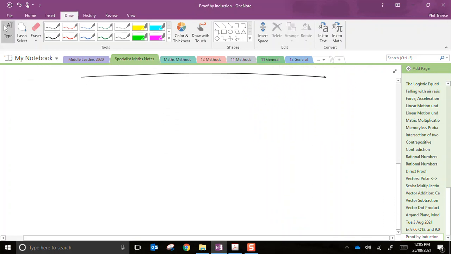Now, the next step is to assume this is true. Seems odd, but I'll get to why. We will assume that the proposition is true for some value k. And k, of course, would also have to be an element of the positive integers. And k could be 1, but it's probably more than 1.